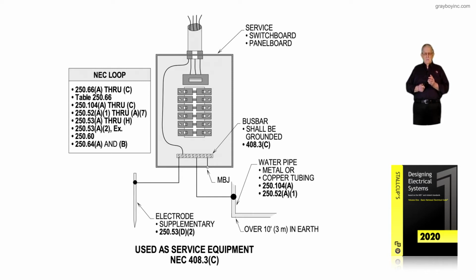And then notice as it emerges out of the ground, if it's still metal conduit, 250.66 refers you to Table 250.66 to size the grounding electrode conductor.